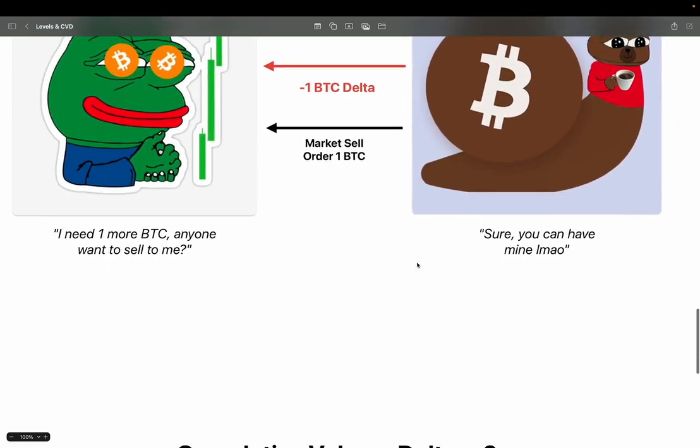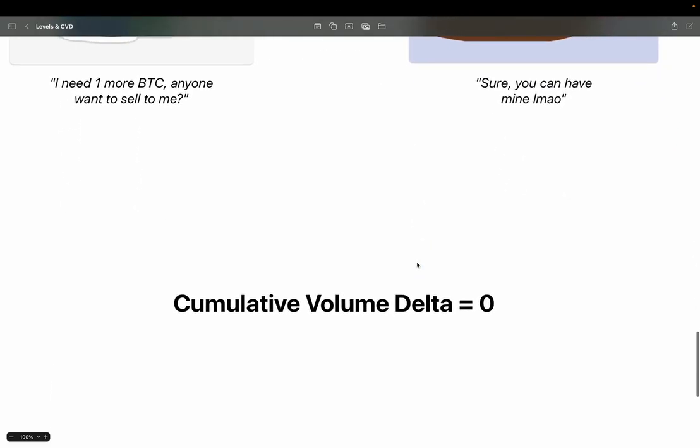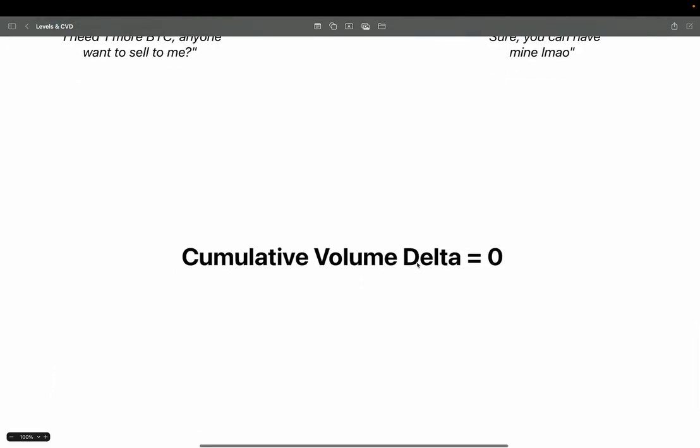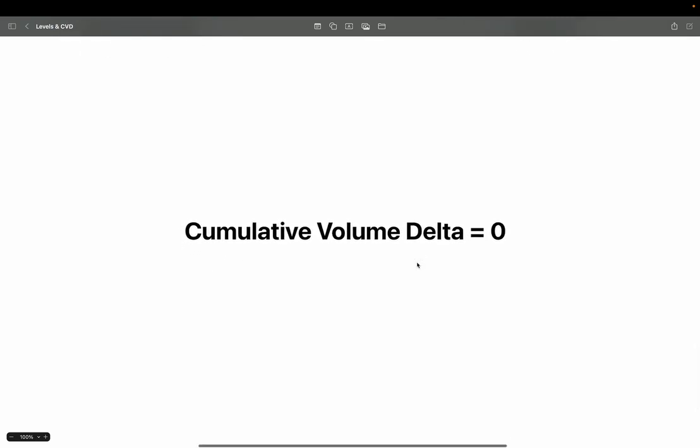So our cumulative volume delta deals with, as the name would suggest, the totality of the delta over a fixed period of time. It's an ongoing measure of the difference in buyers and sellers' aggression for a fixed time period. In the example above, we first had a volume delta of positive 1 BTC whenever Pepe bought the coin off of Bobo.